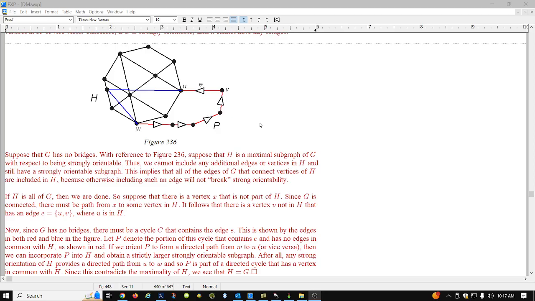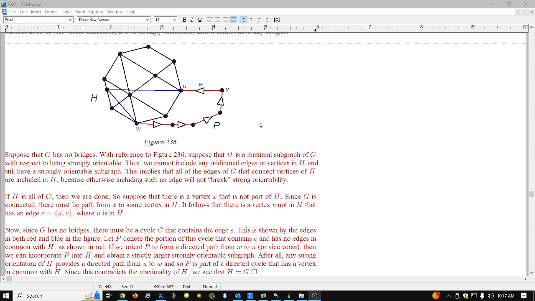The graph has no bridges, so every edge is in a cycle. Cycles are strongly orientable. So there will be strongly orientable subgraphs. Take a maximal one. You can't enlarge that subgraph with additional edges or vertices and still have a strongly orientable subgraph.